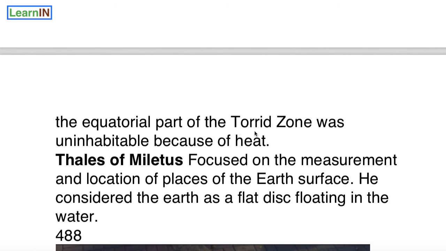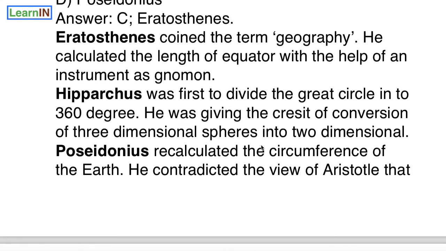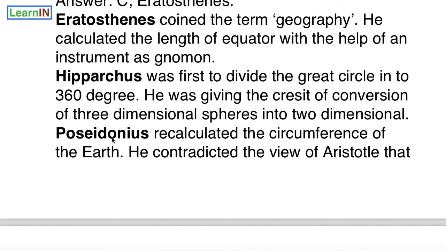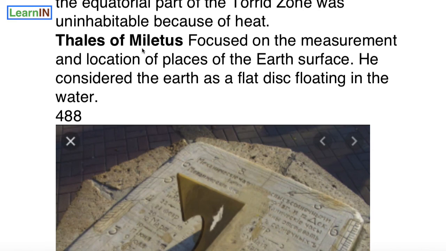We have already gone through the torrid zone, which lies between the Tropic of Cancer and the Tropic of Capricorn. And Thales of Miletus focused on the measurement and location of places on the earth's surface. He considered the earth as a flat disk floating in water. That's all.